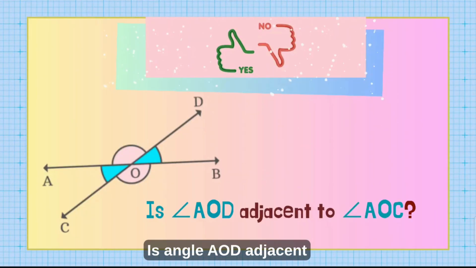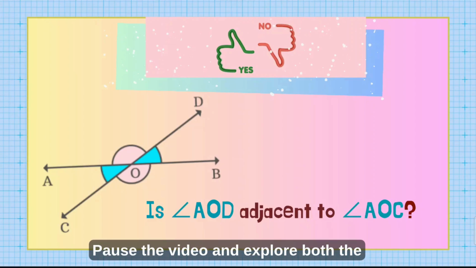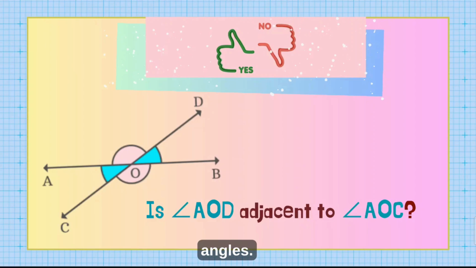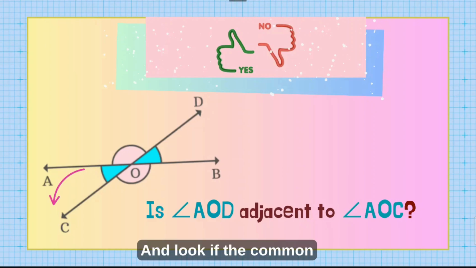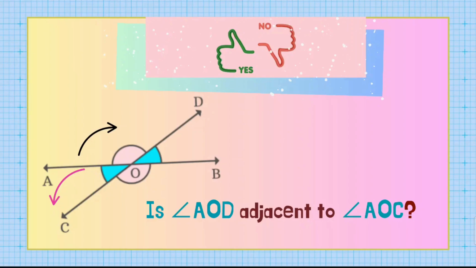Is angle AOD adjacent to angle AOC? Pause the video and explore both the angles. Start from the vertex and look if the common arm OA lies between the non-common arms.